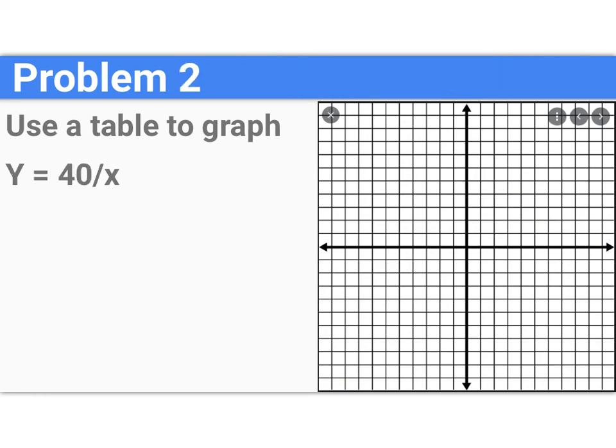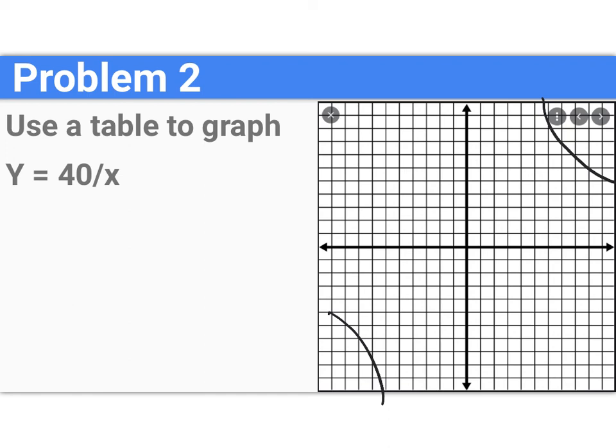Okay, same thing. Y equals 40 over X. All we got to do is change the numbers. We graph it, and on the calculator, it looks something like this. Now I'm not going to make a table of values.